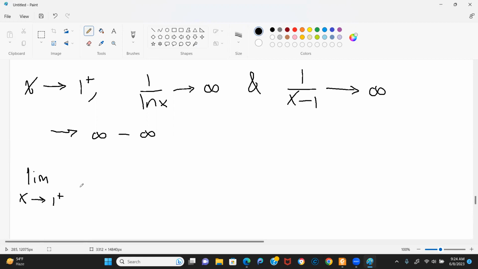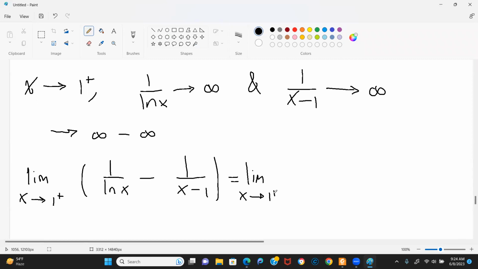So we take the limit as x goes to 1 from the right of 1 over ln x minus 1 over x minus 1. When you combine the fractions, I'm not going to go through all the steps, you end up with the limit of x minus 1 minus ln of x over x minus 1 times ln of x.